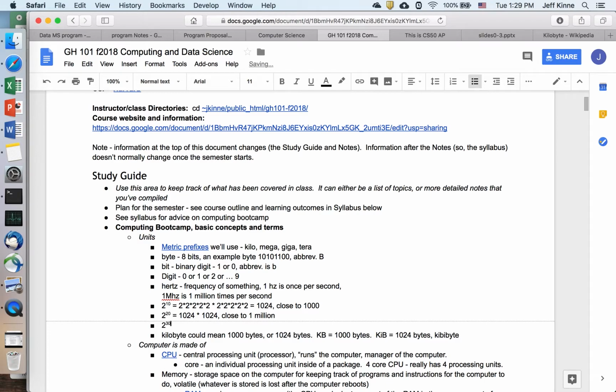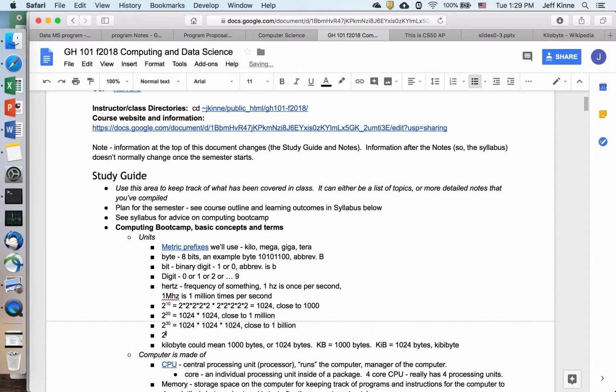All right, what about 2 to the 30th power? What is that going to be close to? Pause for a second. And what's the answer? Well, it's 1,024 times 1,024 times 1,024. That's close to 1 billion.